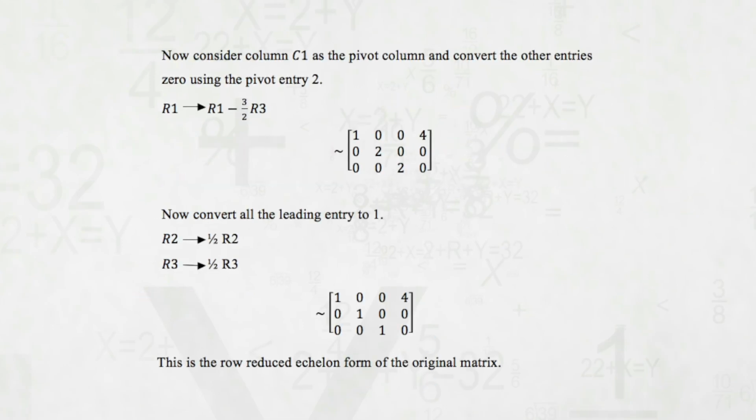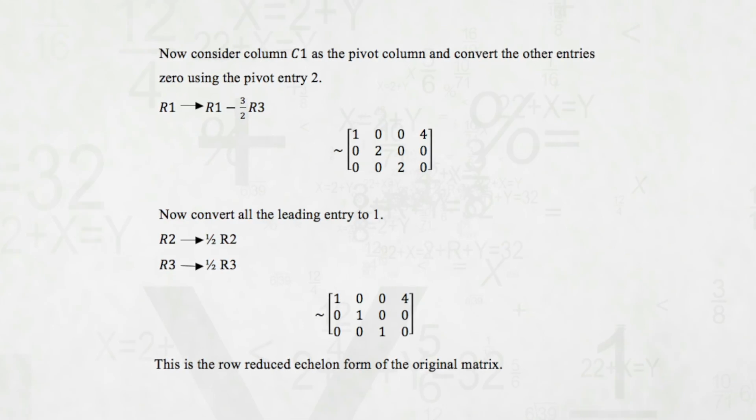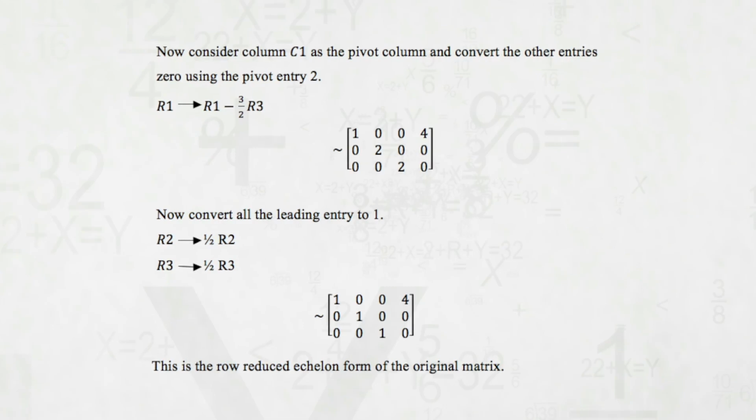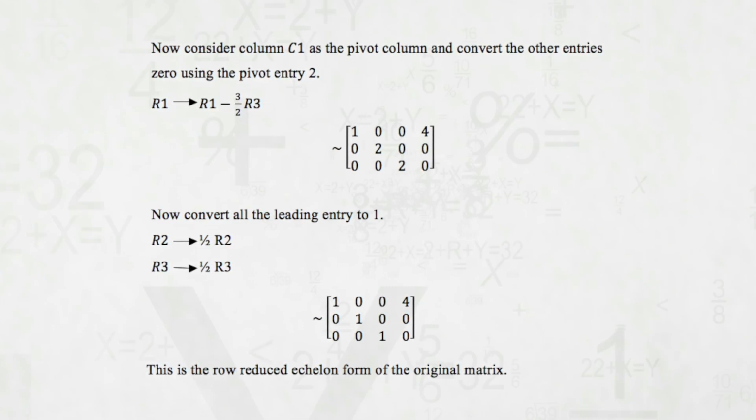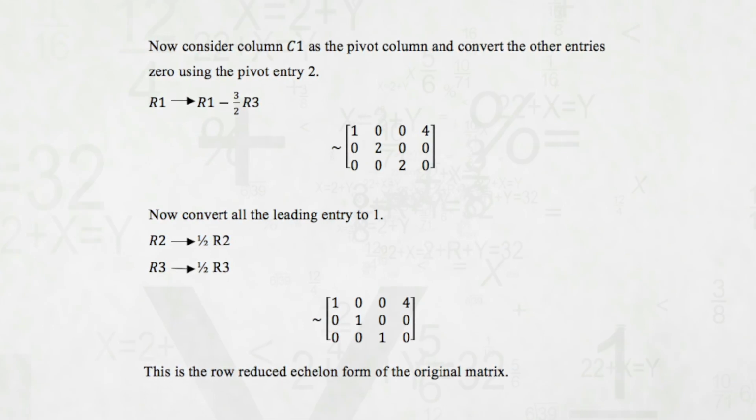Now, consider the third column as the pivot column and convert the other entry using the pivot entry. That is, change R1 to R1 minus 3 by 2 R3, and the given matrix will be equivalent to the matrix with the first row as 1, 0, 0, 4, the second row 0, 2, 0, 0, and the last row 0, 0, 2, 0.